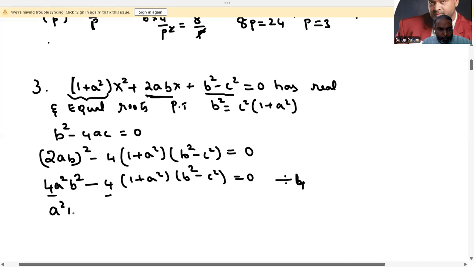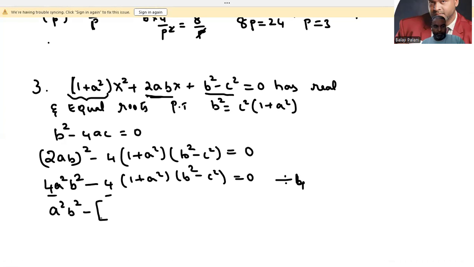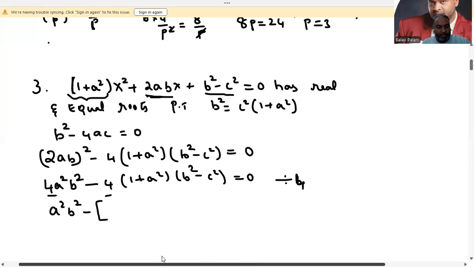Now you will expand a square b square minus, see the brackets that I'm using. And the minus is going to apply to all the terms following it, okay? So, without using the minus 1 plus a square directly, put the bracket, finish the multiplication first, and then we'll bring the minus sign inside. So now I'm going to expand this: 1 into b square, 1 into c square, a square into b square, a square into minus c square is equal to 0.